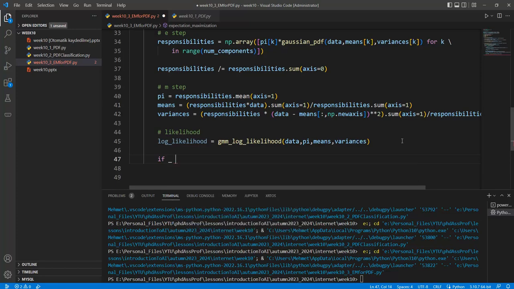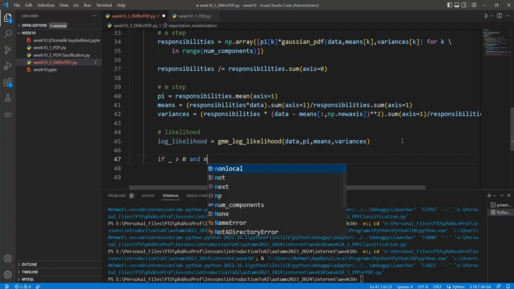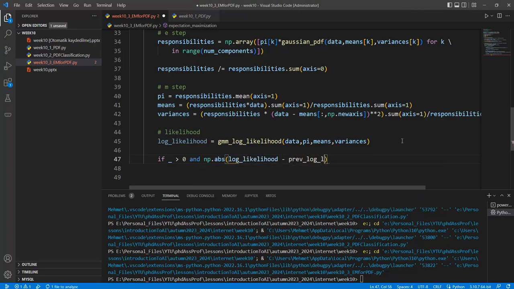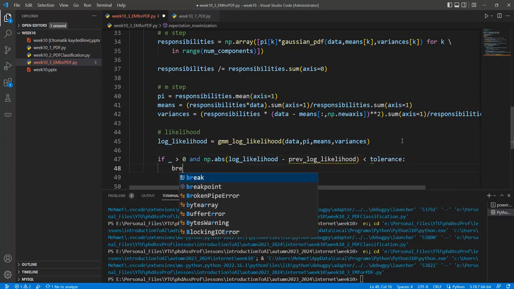If this term is greater than 0, because in the first update we should initialize the data, and so we need to pass the first step in here, and np.abs, absolute value of the log likelihood minus previous log likelihood is smaller than tolerance, and break. Okay?